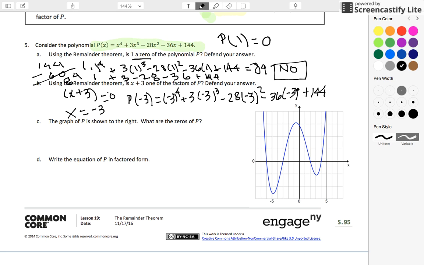When you punch this into the calculator, you will get 0. This ends up being 81 minus 81 minus 252 plus 108 plus 144. When you add these all up, you get 0. So is x plus 3 one of the factors of p? We are going to say yes, it is.